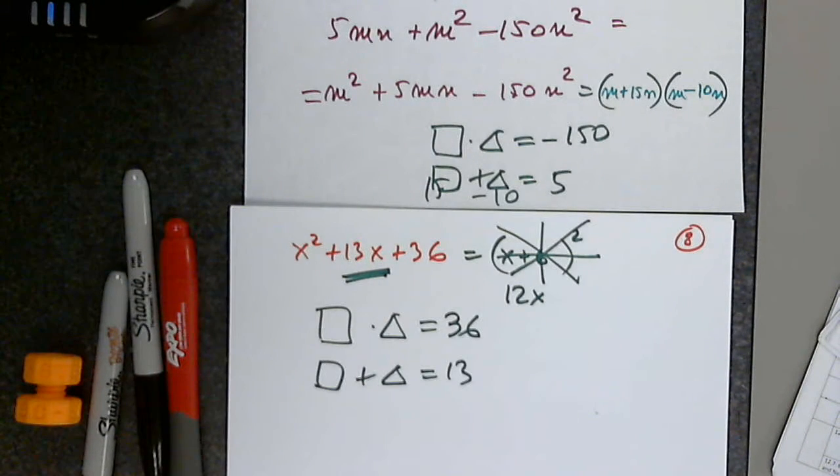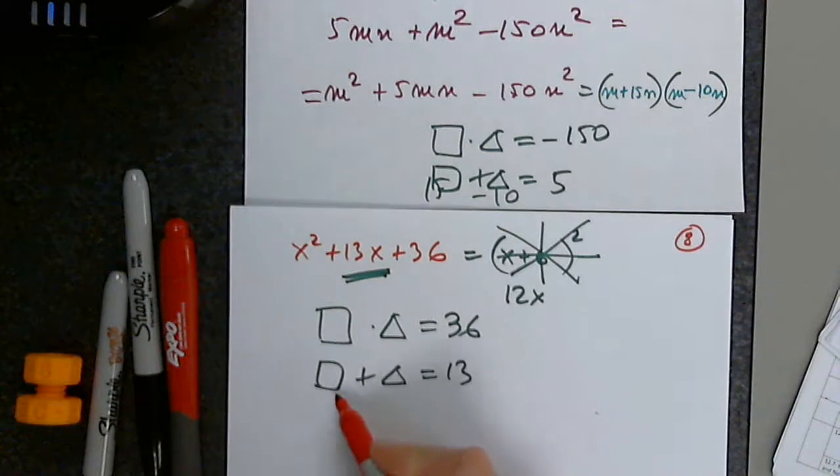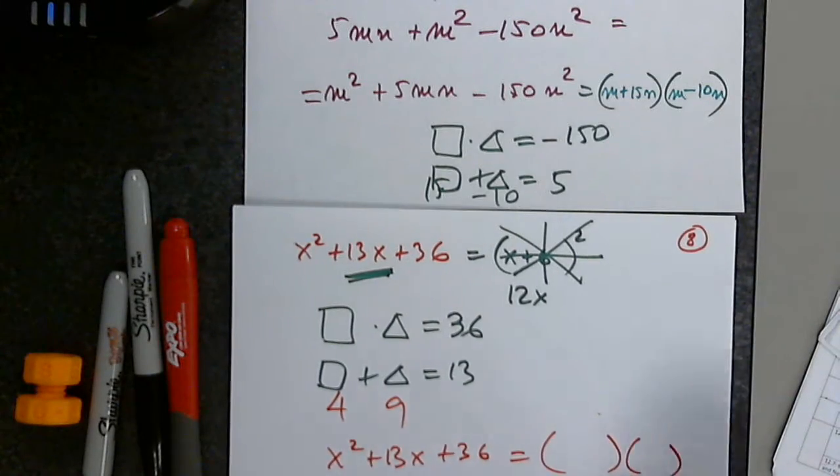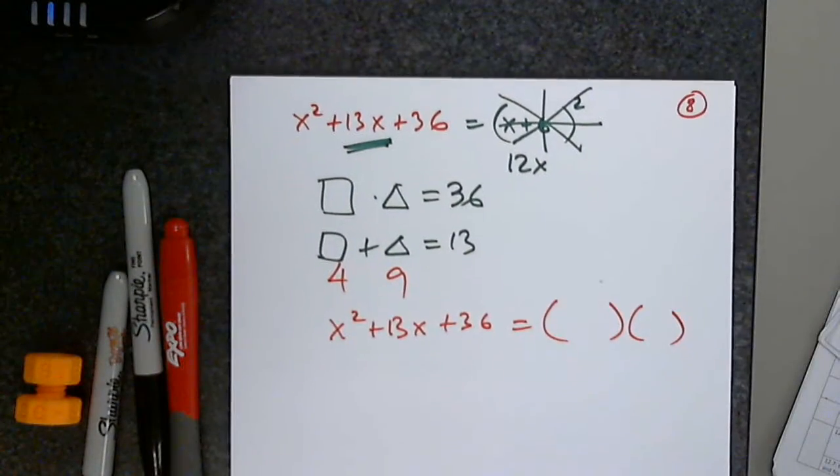Since the product and the sum are positive, the numbers must be positive, because they have to have the same sign since the product is positive. So I need to find two numbers whose product is 36 and whose sum is 13. Then x squared plus 13x plus 36, and I found the factored form.